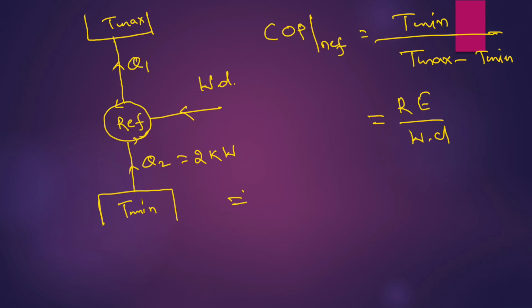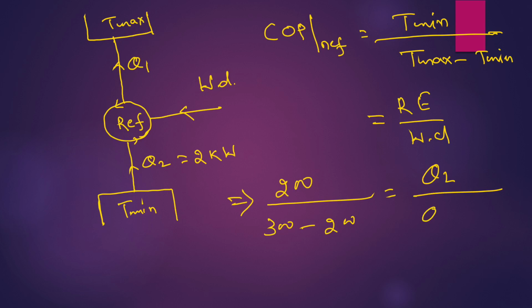So T minimum given 200 Kelvin divided by maximum temperature is 300 minus 200. This is equal to refrigerating effect, Q2, by work done, Q1 minus Q2, or simply you can write Q2 by work done, because you have to calculate work done.